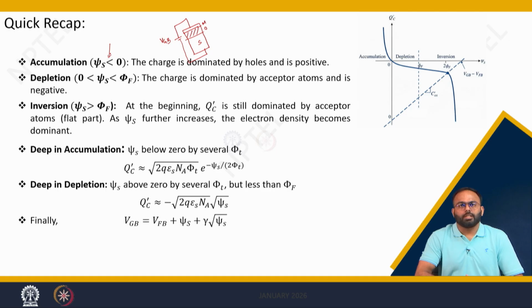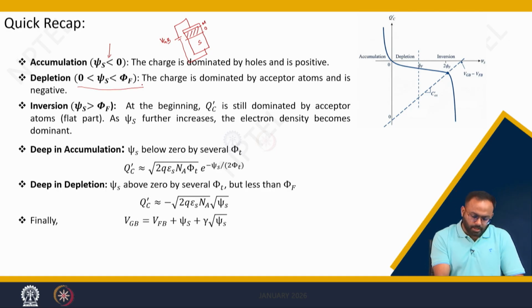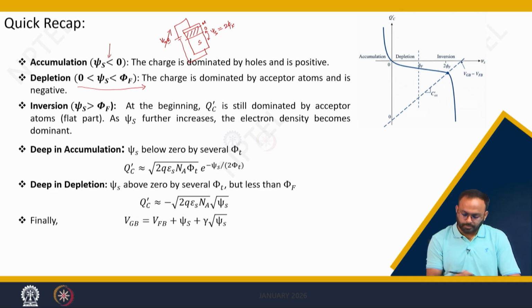That positive charge is dominated by the holes. When you apply a positive gate to body voltage, then the surface potential becomes positive, and hence the charge at the surface is given by immobile ions. When you further increase the gate to body voltage, the surface potential at the surface will increase, and around 2 phi f the inversion comes into the picture.